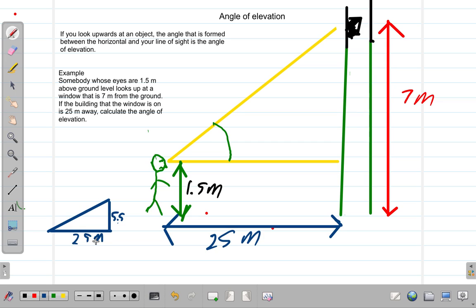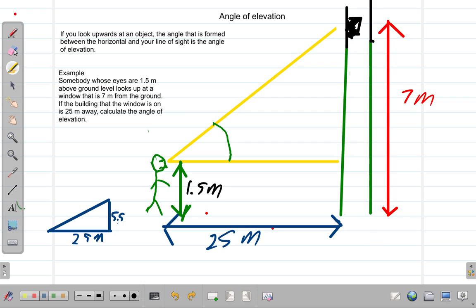So you see the 5.5, you say 7 minus the 1.5. This 5.5 is really going from here up to the top of the triangle, because you have taken off 1.5 from here.